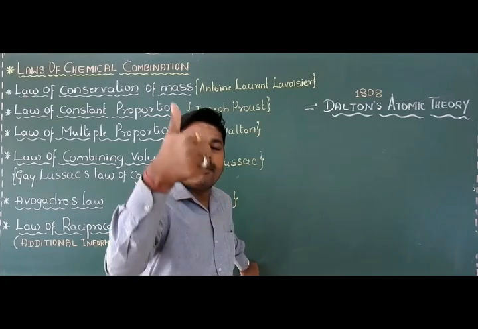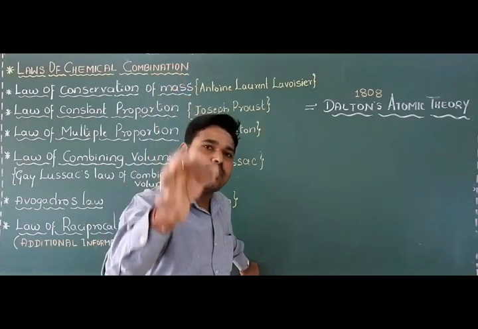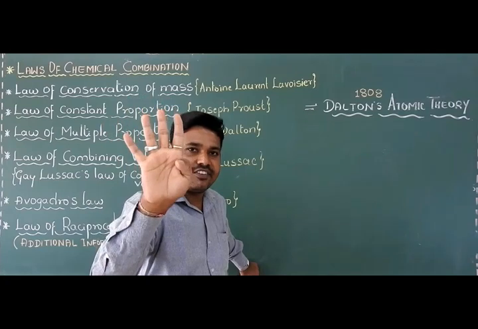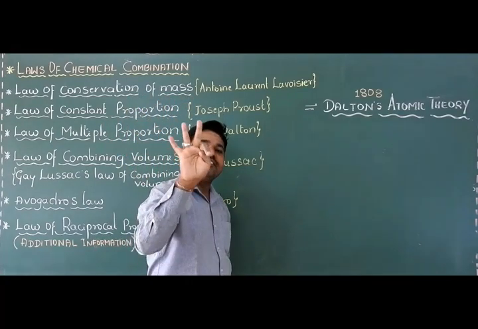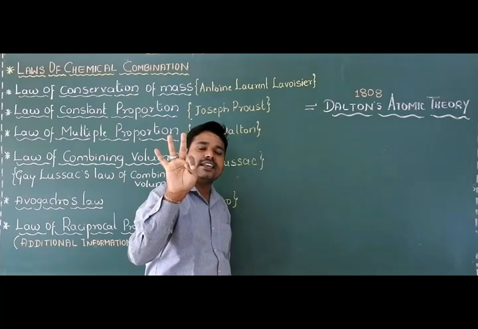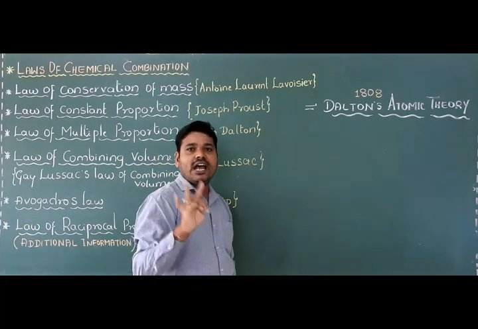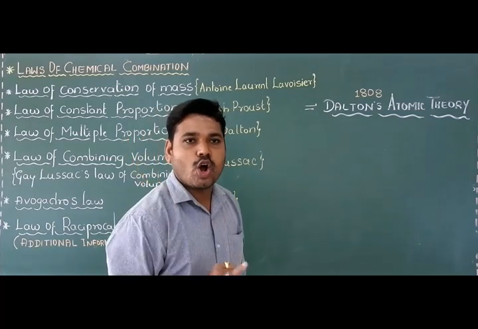The first one: matter is composed of minute or small particles called atoms. Second, the definition of atom: the smallest particle of an element which takes part in a chemical reaction is called an atom. The third one: atoms can neither be created nor be destroyed.